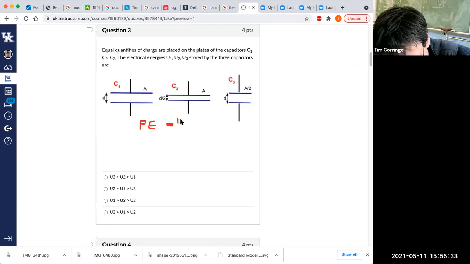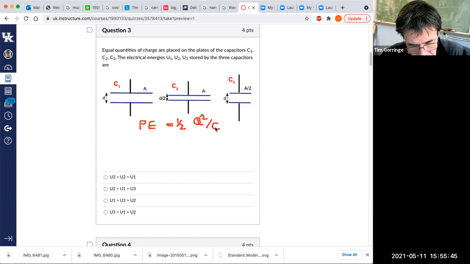So the potential energy in a capacitor, sometimes we write it as P, sometimes you'll see it written as U, is 1/2 Q squared over C. Now, we're placing the same charge on all three capacitors. So the 1/2 Q squared is the same. But the capacitance of the capacitors is different.